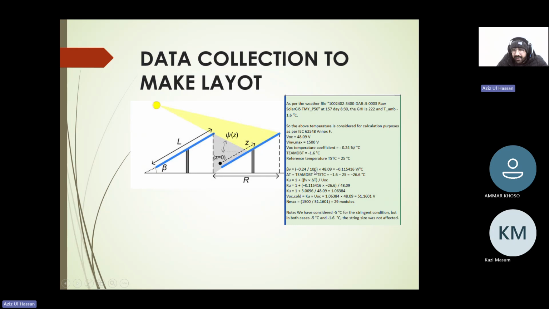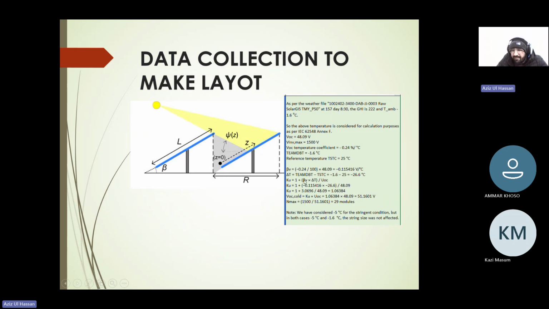Then delta T is T min minus T standard condition: minus 1.6 minus 25, which becomes minus 26.6 degrees centigrade. Then Ku is 1 plus beta V multiplied by this temperature divided by VOC, and we get 1.06384.